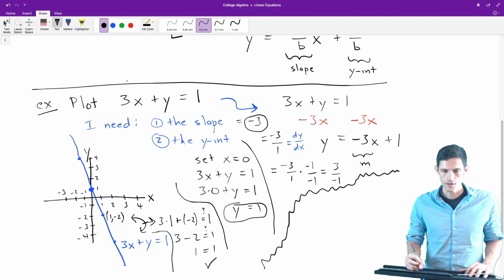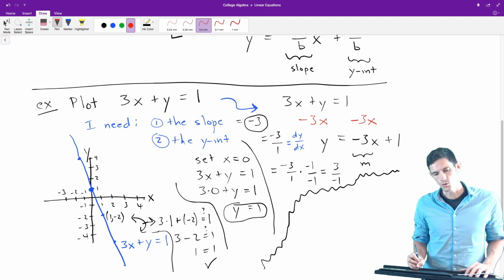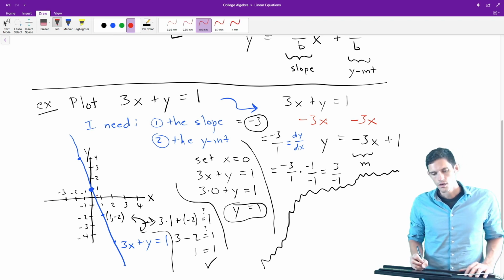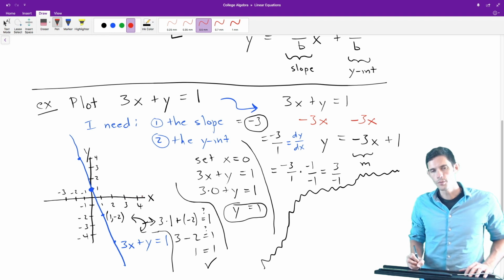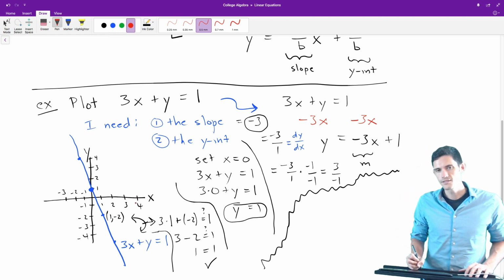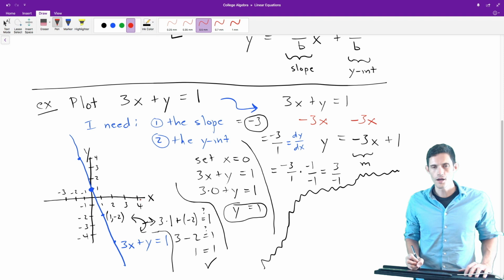So let's look for the x-axis here. The x-axis is this horizontal axis. The determining characteristic of the x-axis is that all the y values are 0 there.